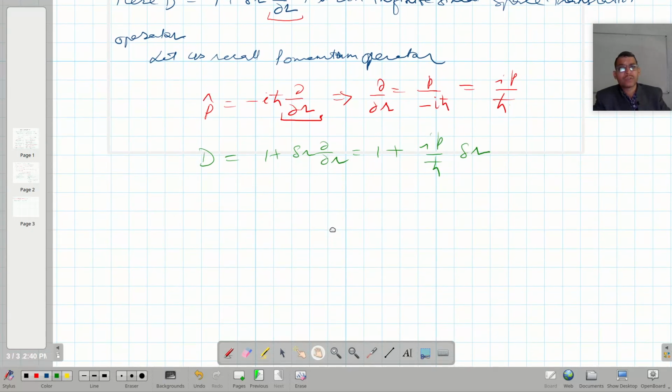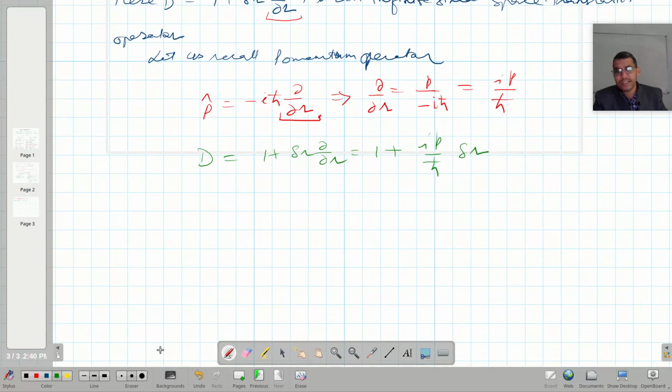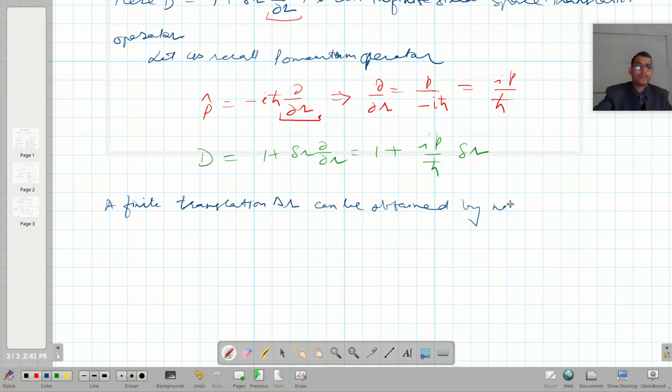But a finite translation delta r can be obtained by making n steps in succession, where n approaches infinity.